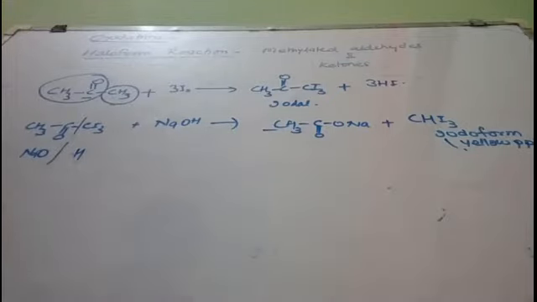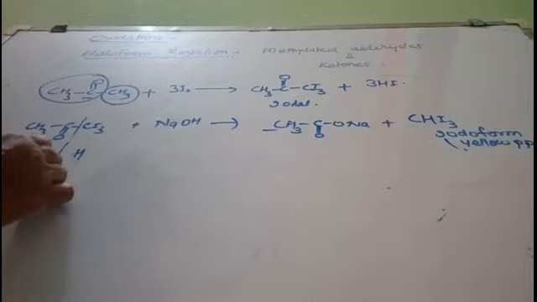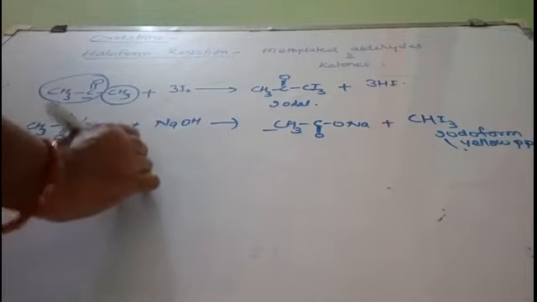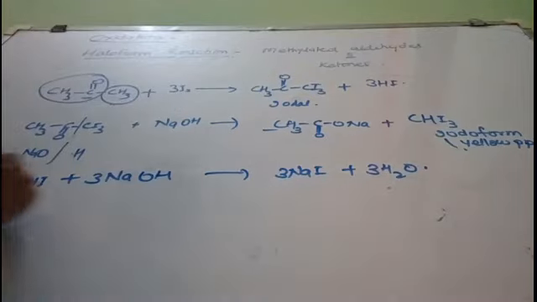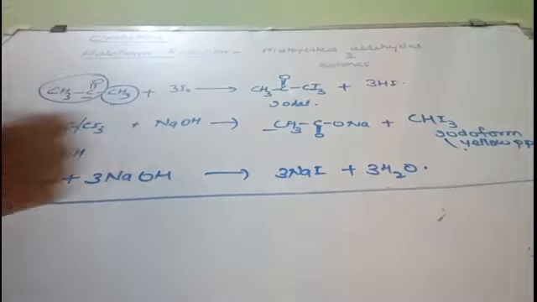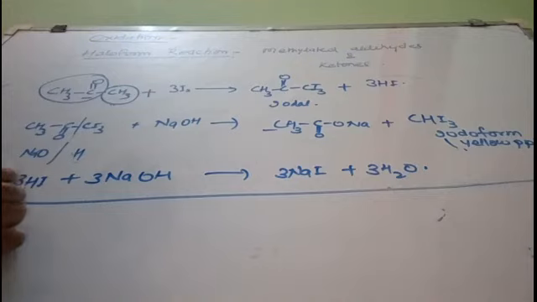So iodoform will be formed, right? And then this 3HI, which is formed here, will further react with NaOH to give you sodium iodide and 3 molecules of water.